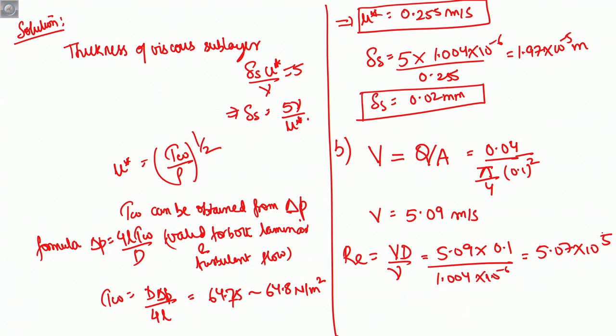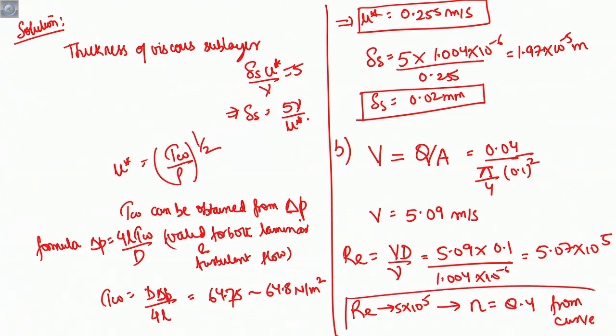With this Reynolds number of 5 into 10 to the power 5, the value of n is equal to 8.4 from the curve. This is important to note down. So we look at the Reynolds number and we look at the curve.